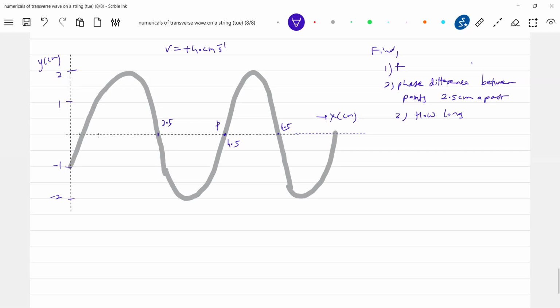How long does it take for the phase at a given point, a given position, to change by 60 degrees?